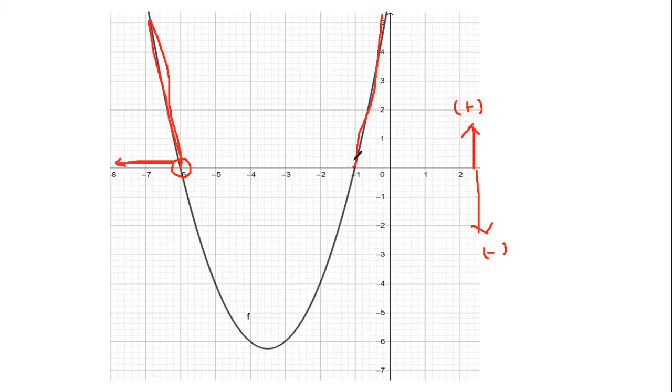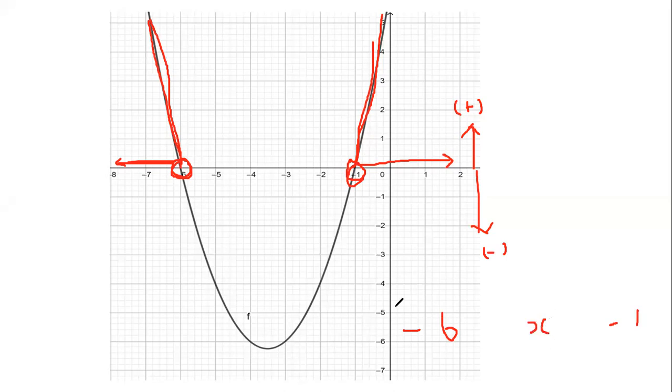And also from this point, graph is moving this way, you can take the x value. These are the other x values, right? So you can write the range. How? Write this value, negative 6, then this value, negative 1, and in the middle you can write x.